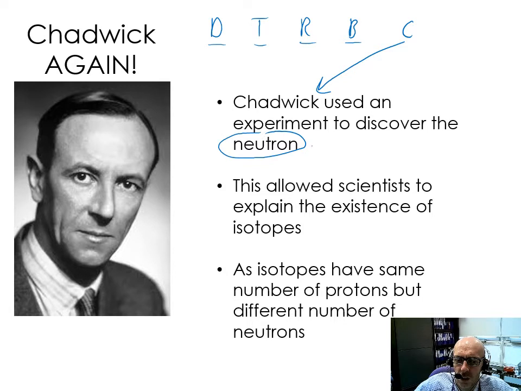It was his discovery that allowed us to explain why isotopes were different. So we knew about isotopes before him, but we didn't have a clue what was causing these differences. Why did we have a heavy carbon and a light carbon? And now, because of Chadwick, we knew that actually, there are 2 isotopes of carbon, carbon-12 and carbon-14. So that's how Chadwick's work helped us.